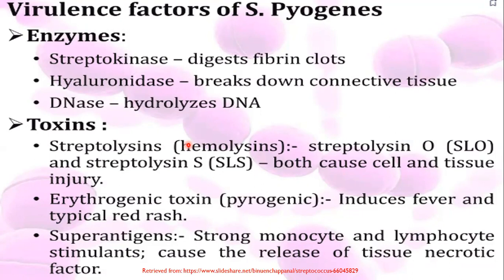Now, we have two types of streptolysin, streptolysin O and streptolysin S. One of these streptolysins causes lysis of red blood cells on the surface of the agar, whereas the other causes lysis of red blood cells below the agar.